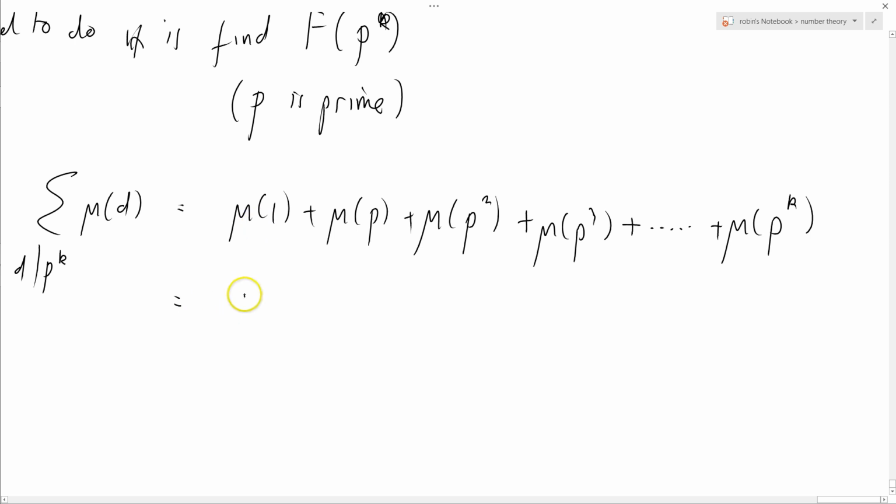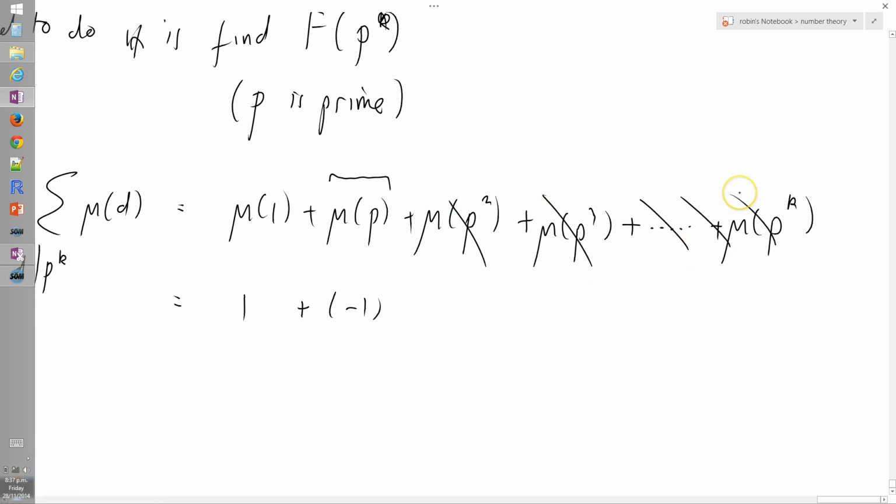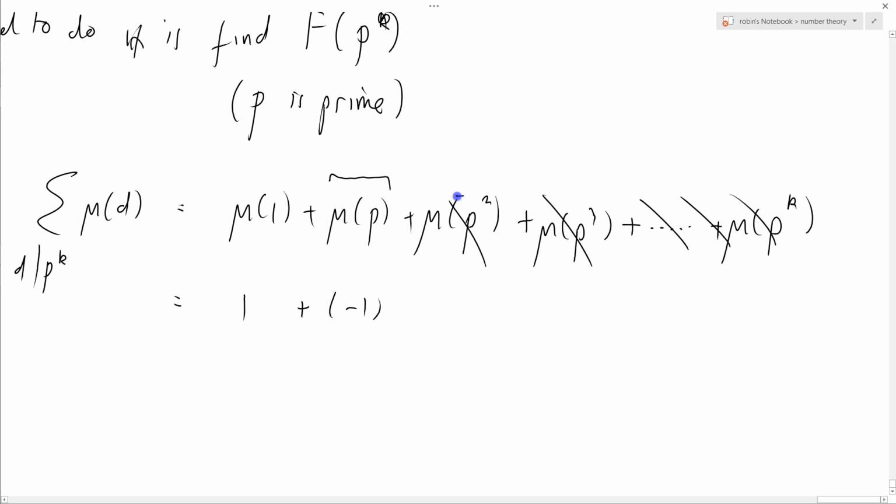Equals, well, mu of 1 is 1 by definition, plus minus 1 for this one here, because it's got 1 factor, so it's minus 1 to the power 1. These are all zeros because they've got p squared. All these powers are higher than the first. All these powers are higher than 2. So it's 1 from this one and minus 1 from that one equals 0.